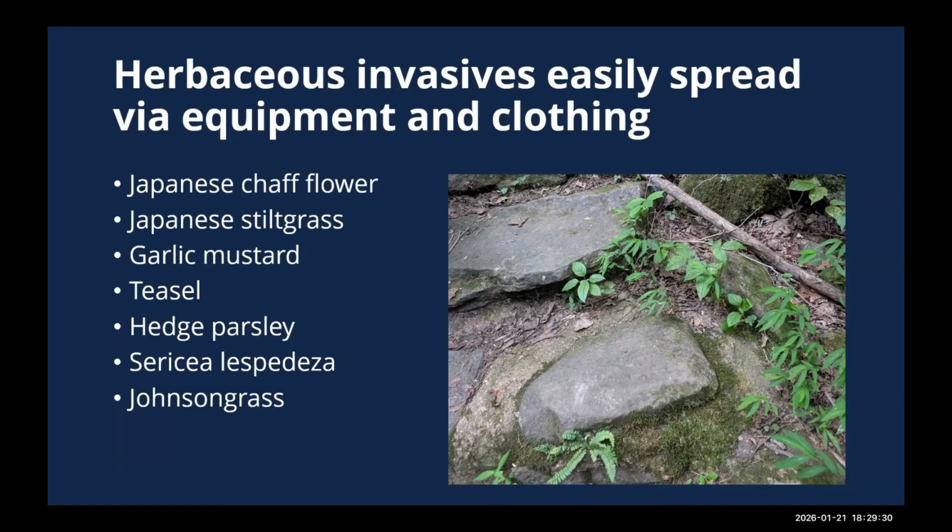So things like chaffflower and stiltgrass, garlic mustard, teasels, hedge parsley, Sericea lespedeza, Johnson grass, and I could just keep listing other ones for sure. But these are ones that you need to be cautious about, and you don't want to be moving them around and causing a big problem with those while you're trying to control other invasive species.